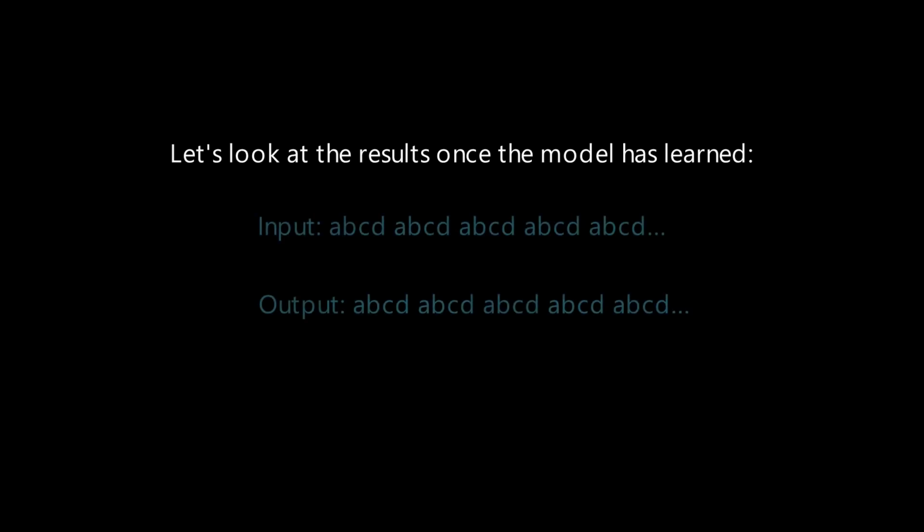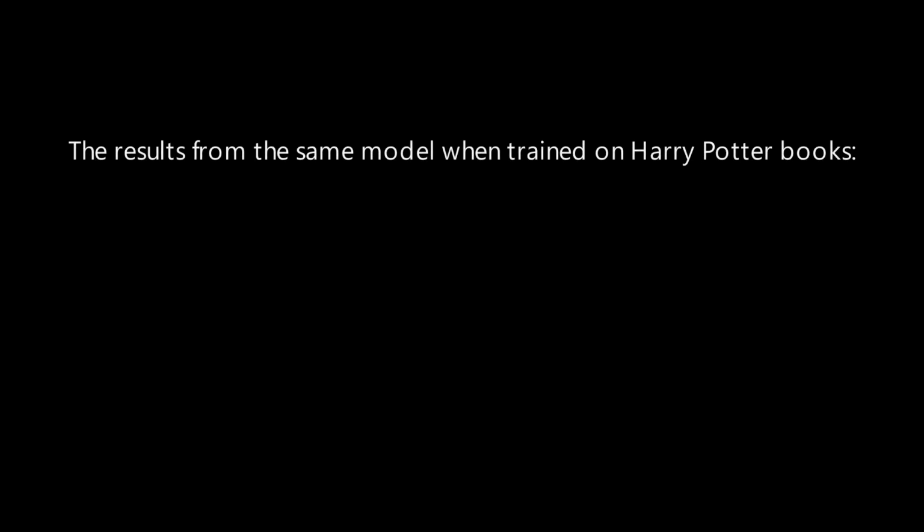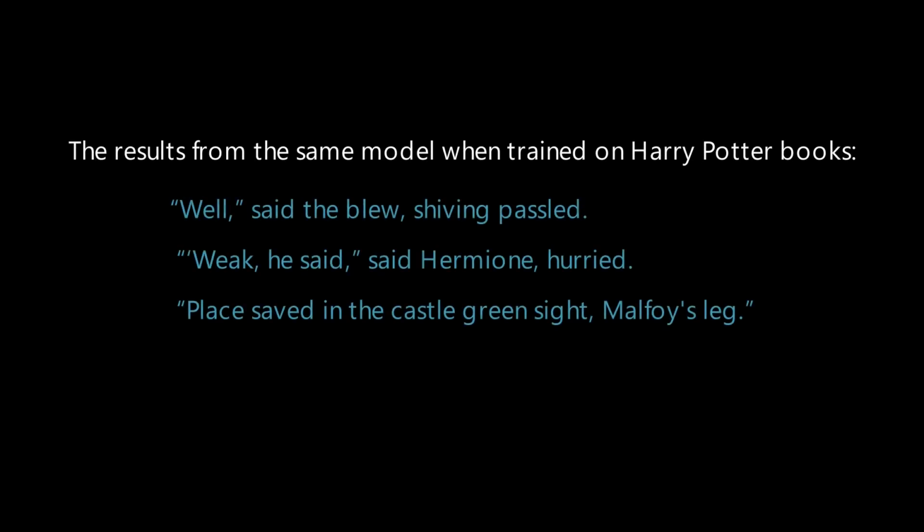Now, let's look at the results. For this simple dataset, the model behaves exactly as expected. If we train the same model on a dataset like the Harry Potter books, we get much richer generated text, as you can see on the screen.